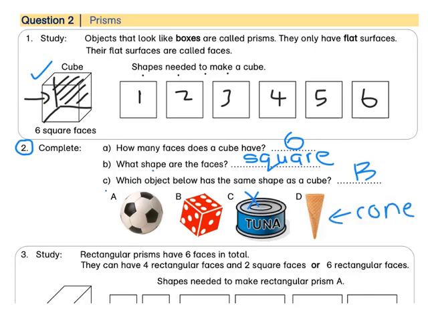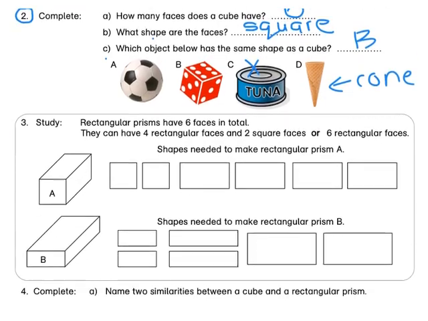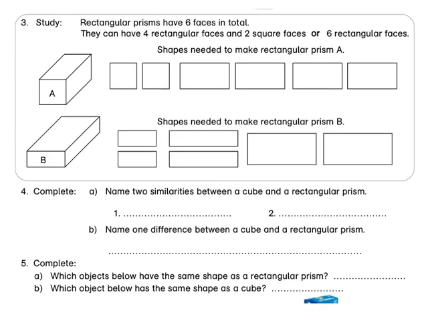Let's continue. Question 3. We are now looking at rectangular prisms. Rectangular prisms have 6 faces in total. If we look at A, this rectangular prism has got a square at the front and at the back. You just can't see it in this drawing. So there's one square and there's another square.